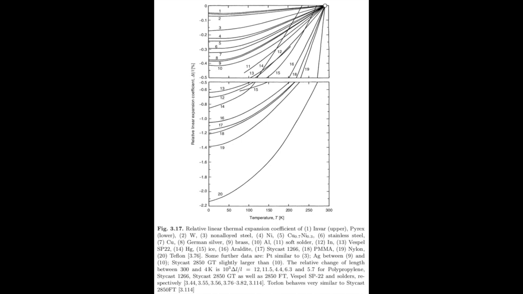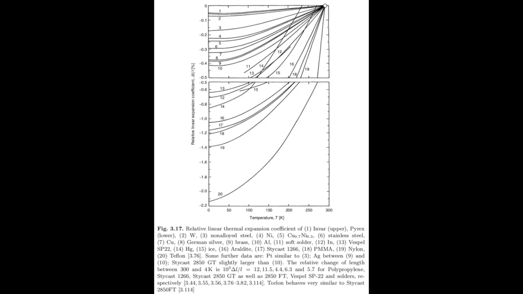So the first thing I want you to notice when we look at this graph of the relative linear coefficient of thermal expansion versus temperature for different materials is that it's the relative linear coefficient of expansion, delta L over L. So we already talked about that in class, how when the length gets longer, it's going to expand or contract more.